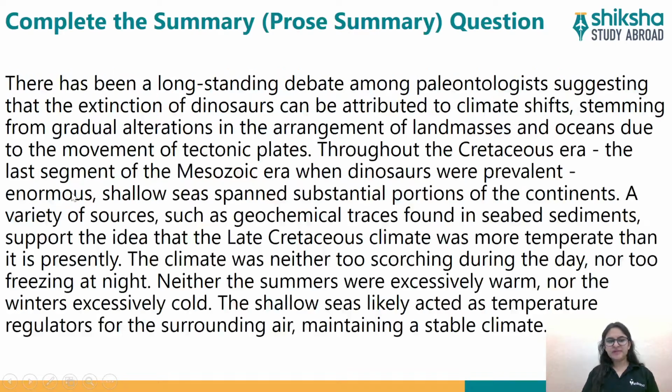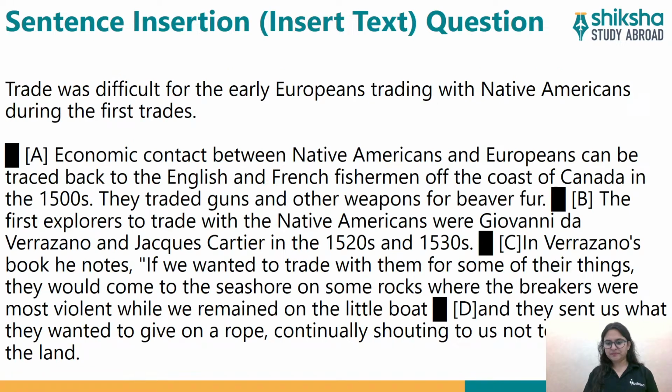A sentence will be given to you. For example, in the starting of the passage: trade was difficult for early Europeans trading with the Native Americans during the first trades. Where will this sentence come in the passage?